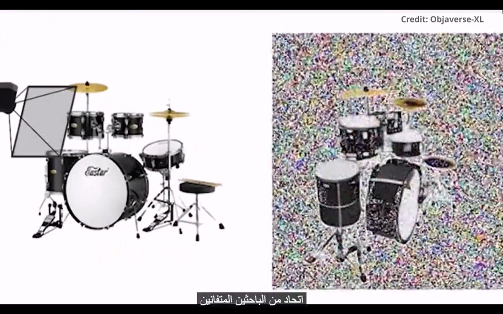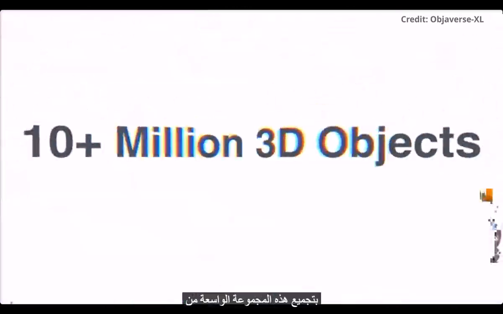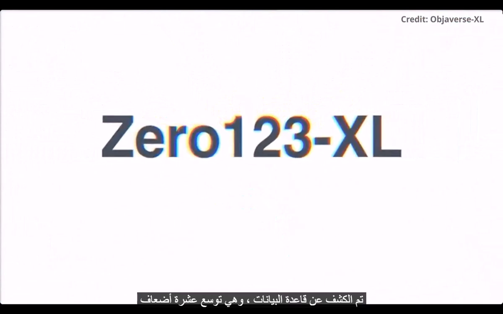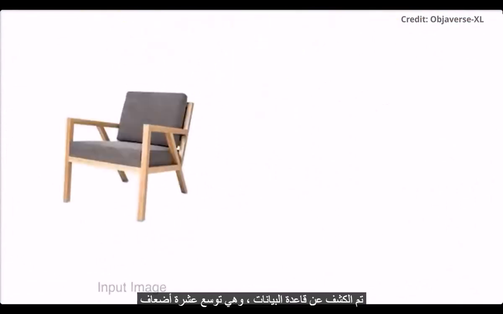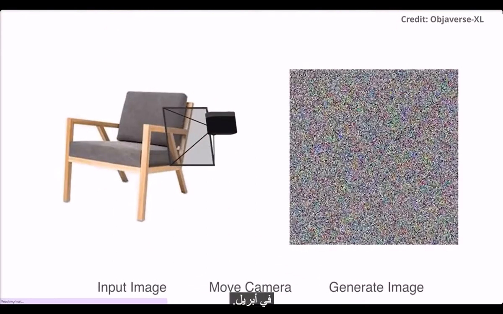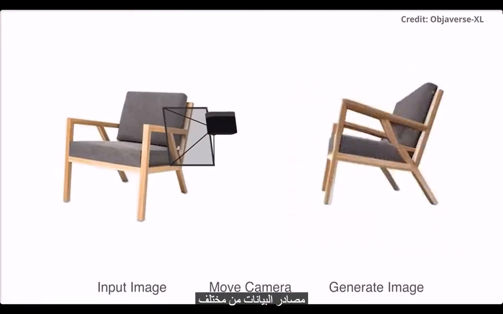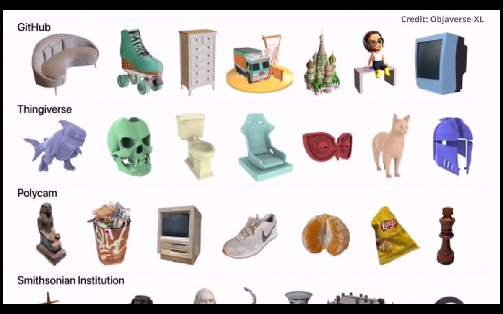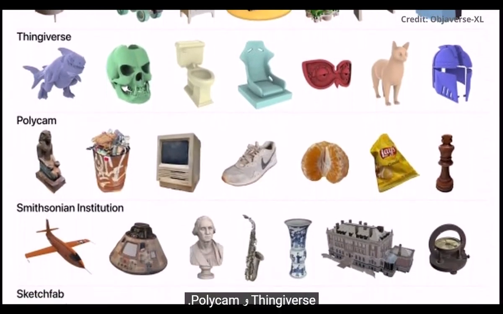A consortium of dedicated researchers compiled this extensive collection of over 10 million 3D objects. The database, a tenfold expansion of the original Objaverse dataset unveiled in April, sources data from various online platforms, including Sketchfab, Thingiverse, and Polycam.